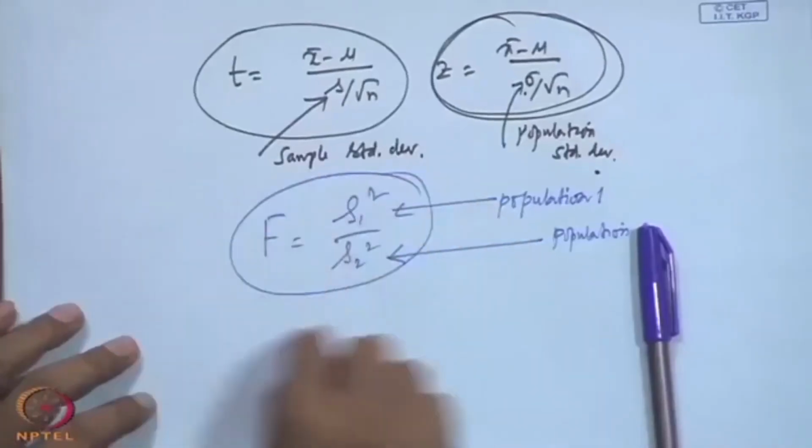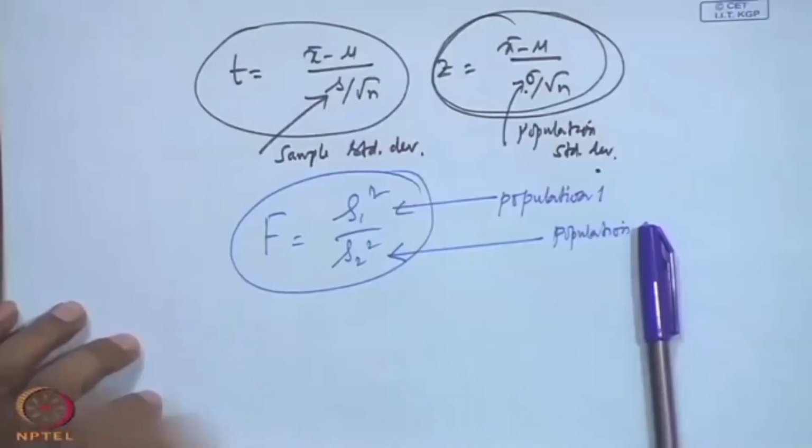For example, when you do ANOVA, even in the MANOVA case, we will see that one of the conditions is that the population variances are equal. That means we need to know this ratio. In ANOVA you will find enormous use of the F distribution.